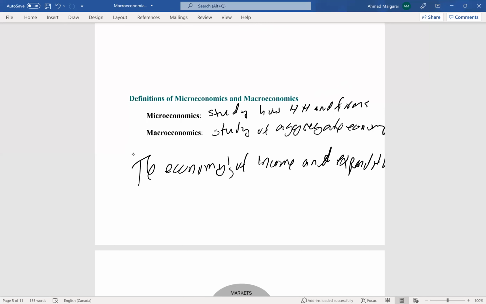To judge whether or not an economy is doing well, it is useful to look at gross domestic product, that is GDP. What is GDP telling us? GDP measures the total income of everyone in the economy, and also GDP measures the total expenditure on the economy's output of goods and services.